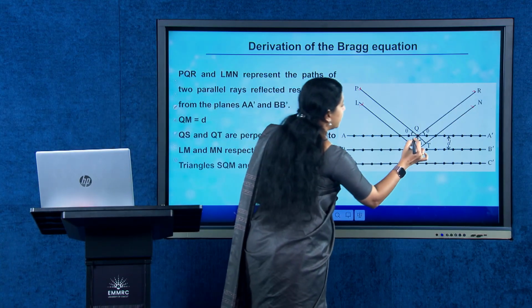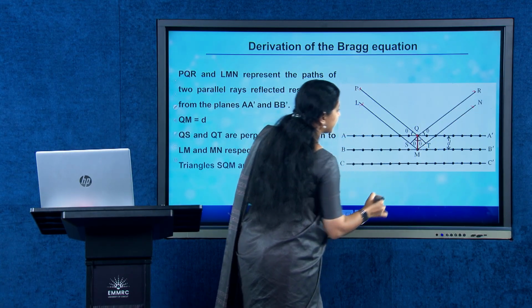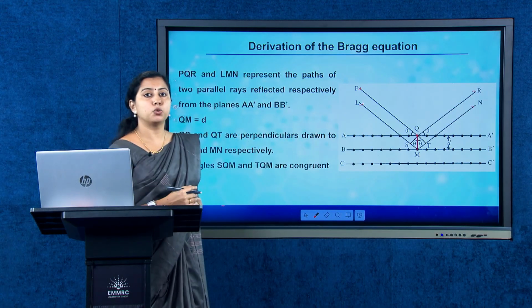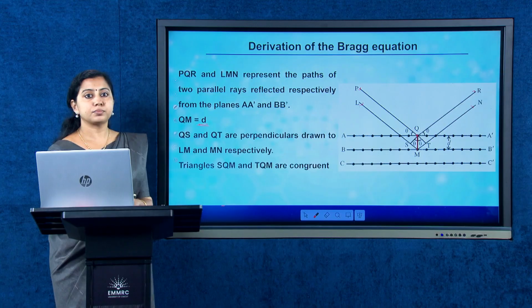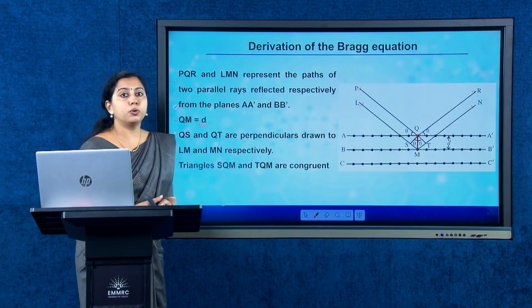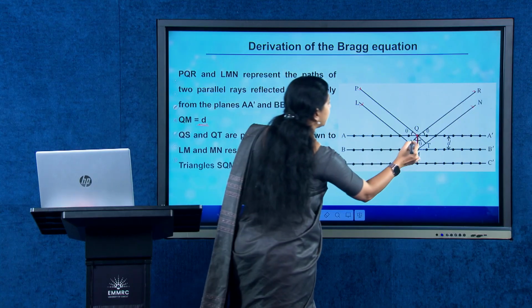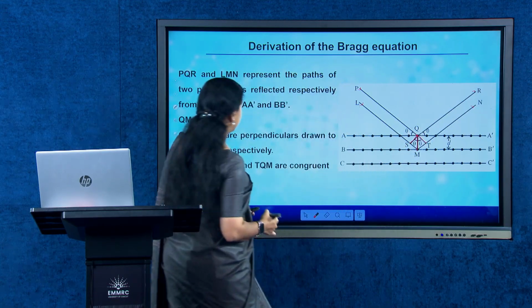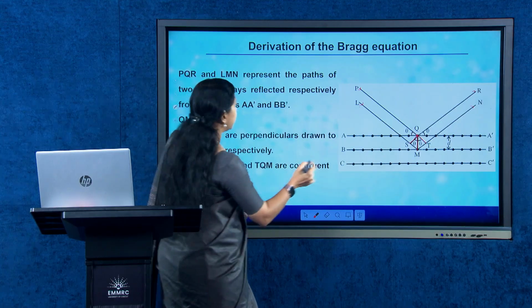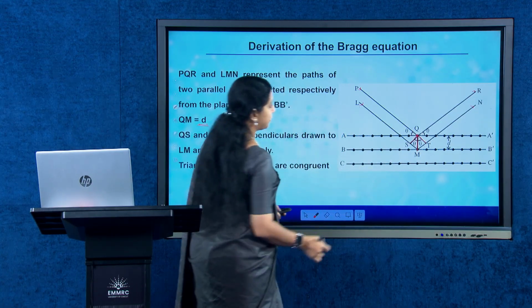If we measure this distance, that is QM, that is nothing but the spacing between the two planes, and QM is equal to D. If we draw two perpendiculars, namely QS and QT, these are the perpendiculars drawn to LM and MN respectively.